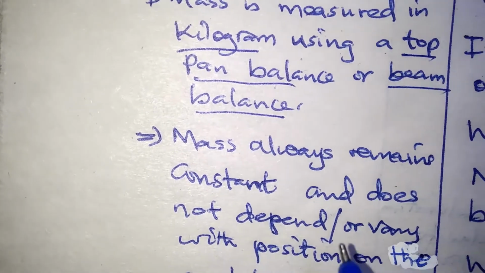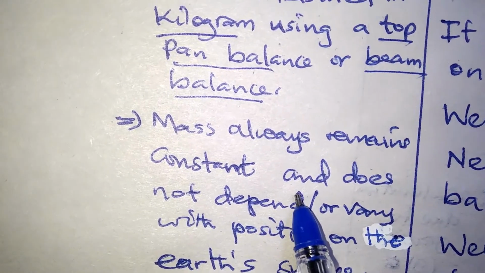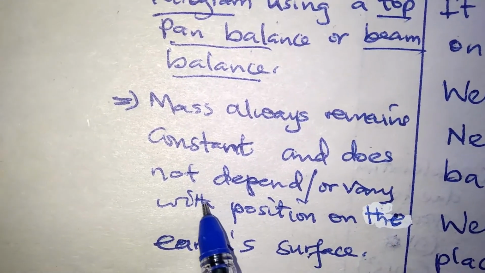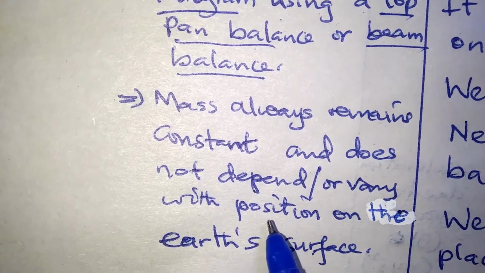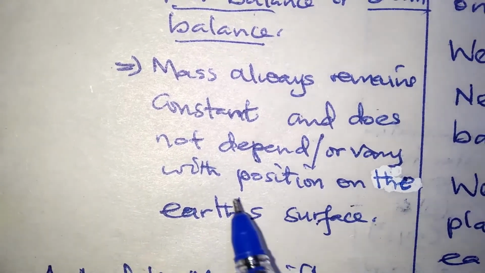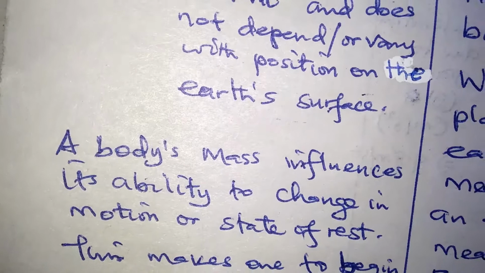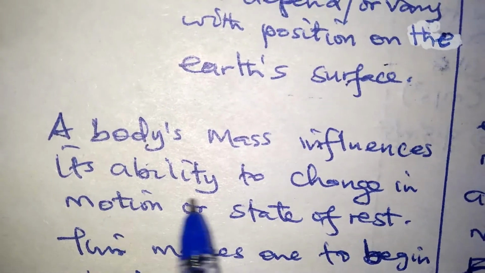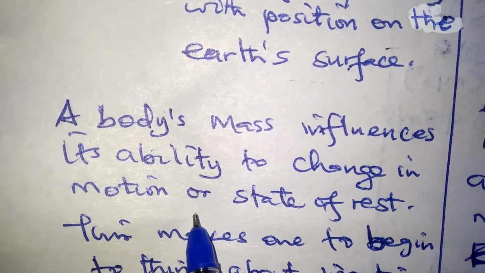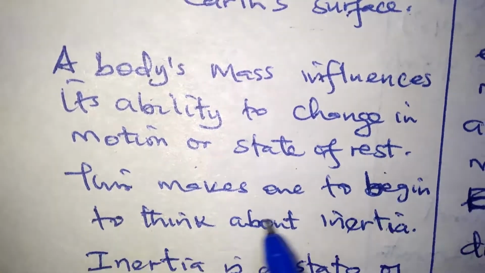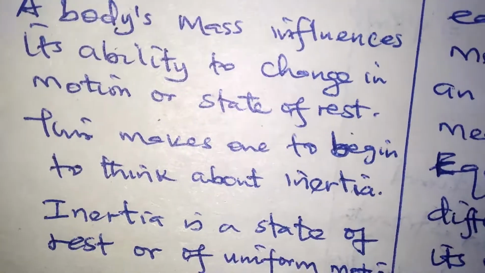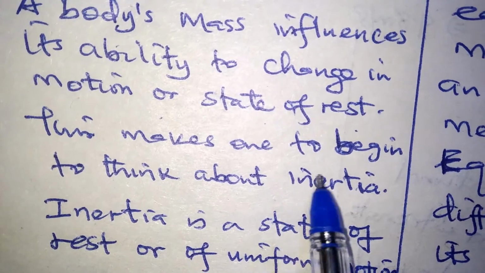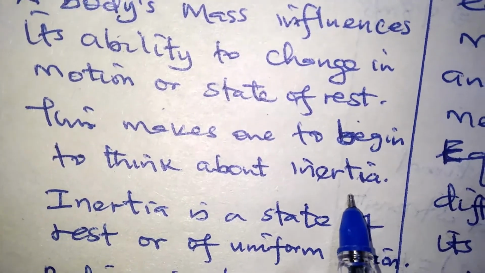Now, mass always remains constant and does not vary with position on the Earth's surface. A body's mass influences its ability to change its state of motion or state of rest. When we say this, it makes us begin to think about inertia.